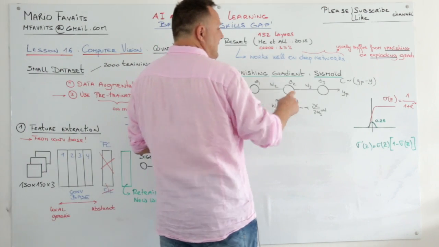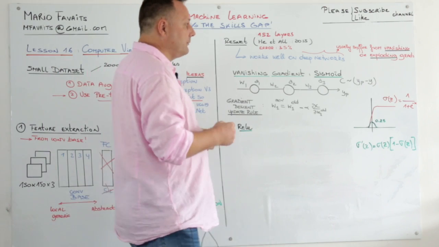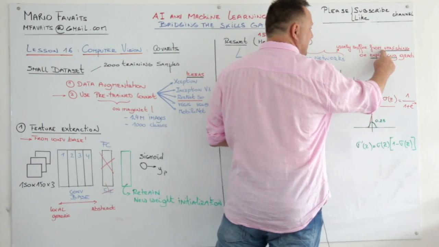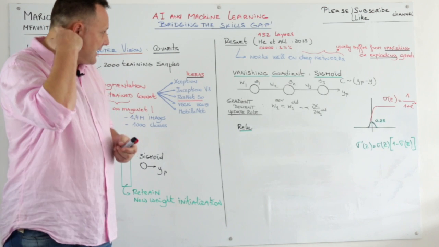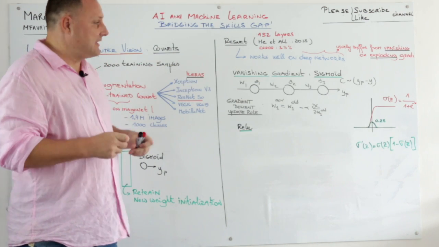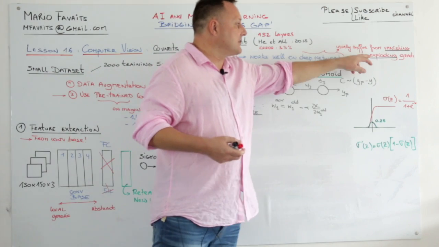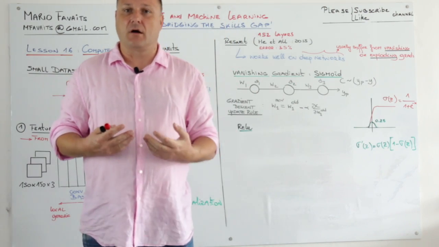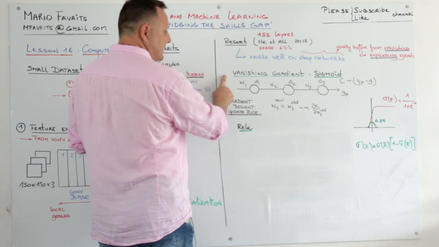Now, usually, deep networks don't work that well. Why? Well, we have to deal with vanishing or exploding gradients. So before we go a bit deeper on ResNet, I will explain what vanishing and exploding gradients are. So let's start with vanishing gradients.